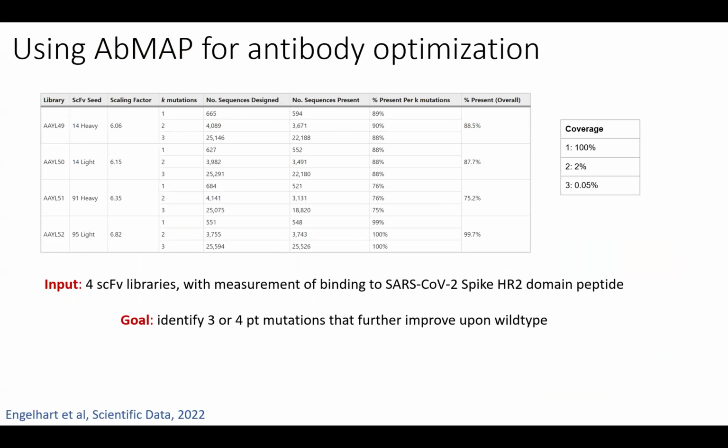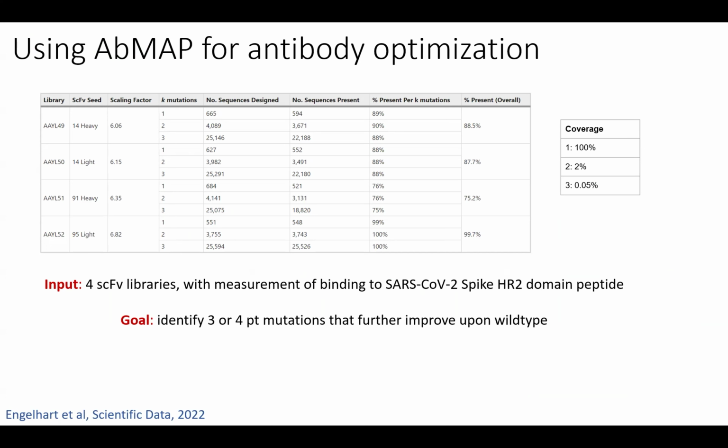Another thing that we used AbMAP for, and this is another common use of language models for antibodies, is to essentially direct an optimization campaign. So in this case, we started with this data from Engelhardt et al., where they ran a campaign to identify SARS-CoV-2 peptide binders.